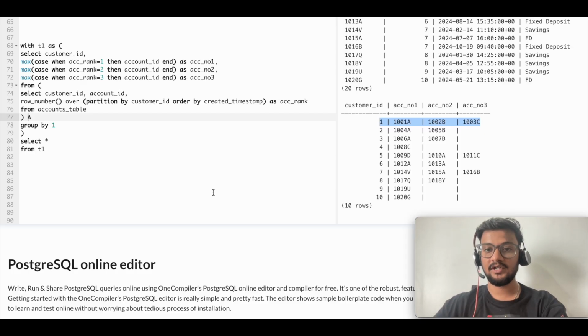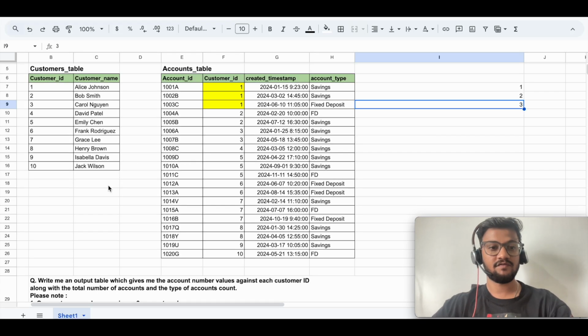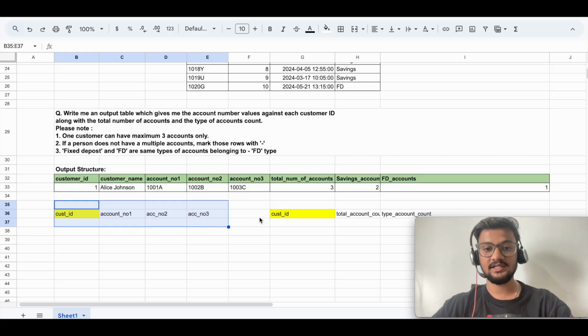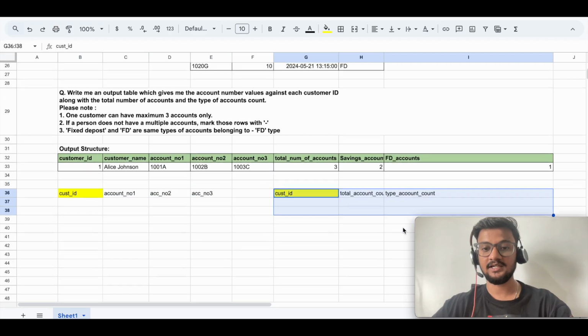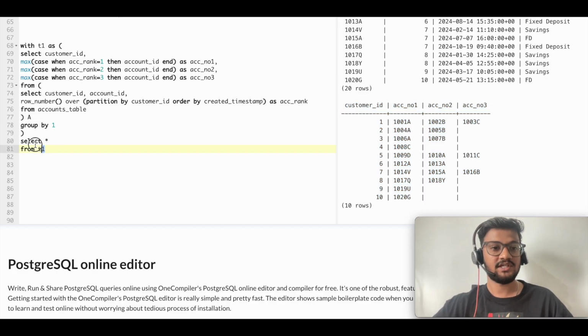So it will take the max, that was 1001A for this customer ID, and similarly for both of these columns as well. So that's how our first CTE is ready, which was the first part of the question. Now the second CTE is straightforward because we just need to count the values. So let's make our second CTE.